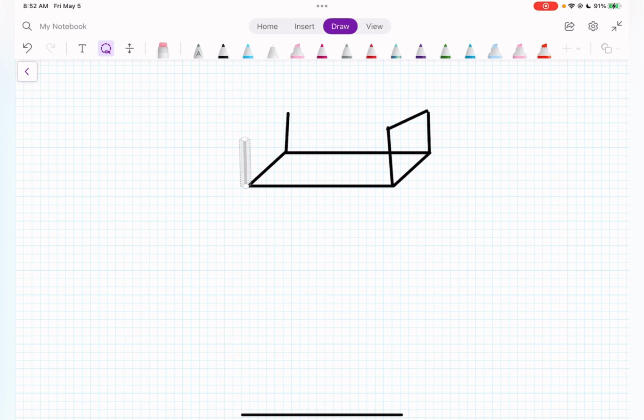I need to have this line here so it will go parallel.